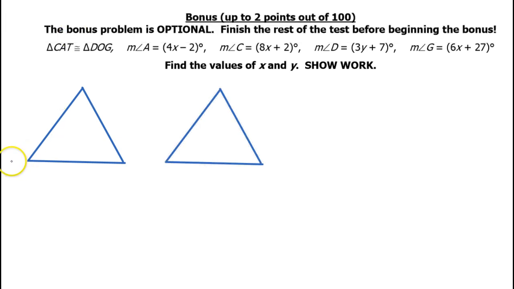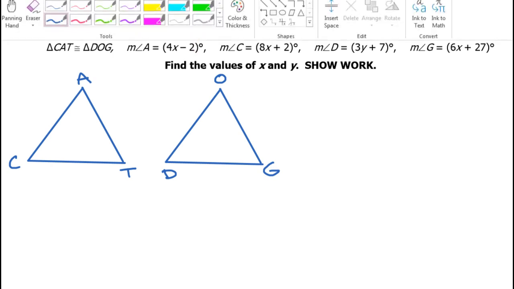Okay, so we have triangle CAT, and that is congruent to triangle DOG. Okay, what else?